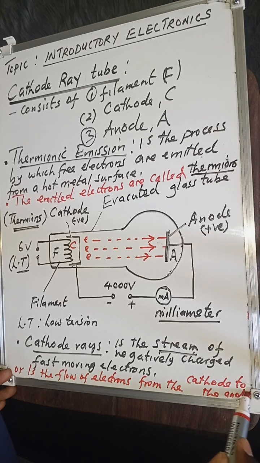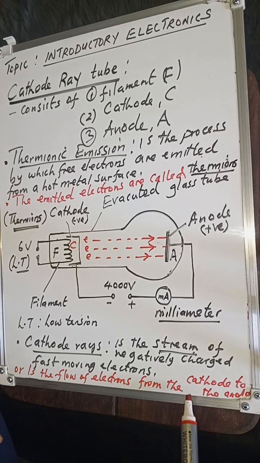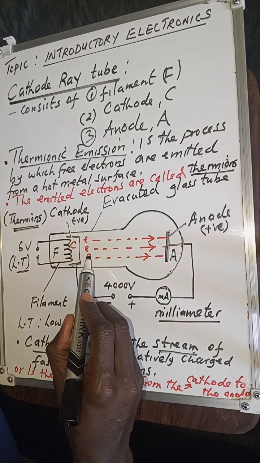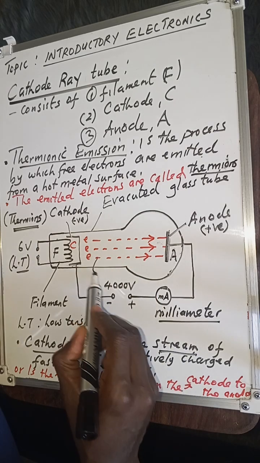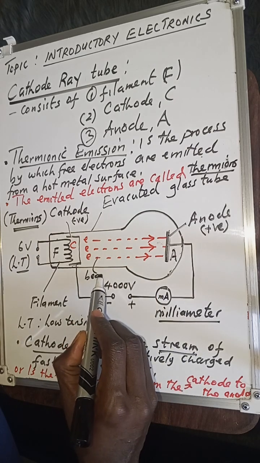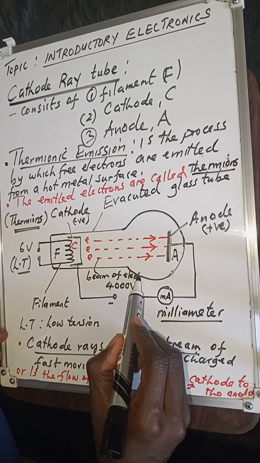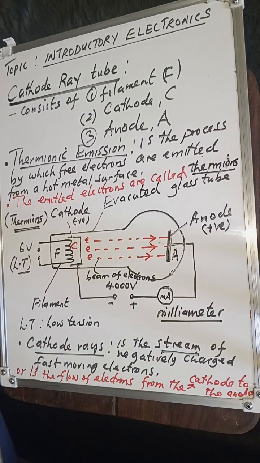So that is what we mean. The flow of electrons from the cathode to the anode is also what we call cathode rays. Remember, as the electrons are moving, you are creating what we call a beam of electrons.